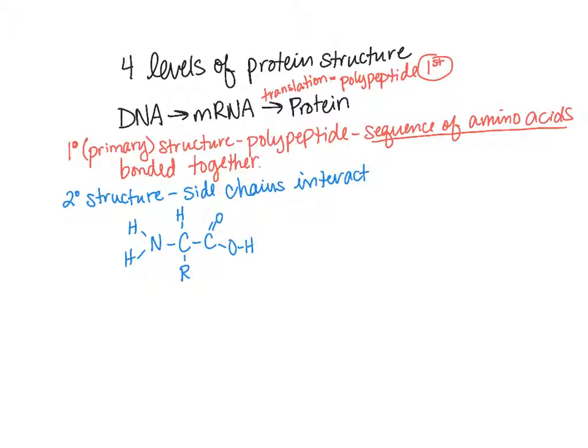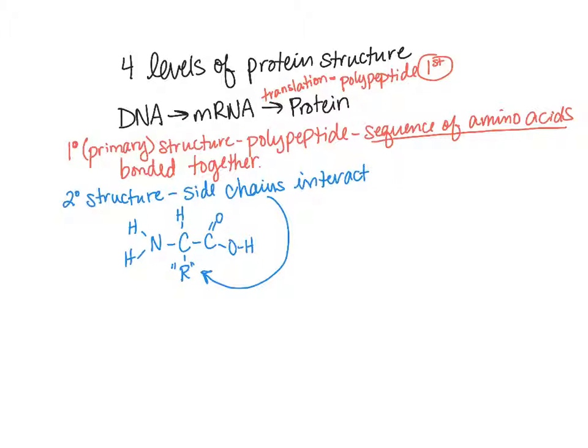And then we have this thing that we call the R group. And this R group are just these side chains that we're talking about here. And so of our 20 amino acids, these side chains can be very different. Some of them are hydrophilic, some are hydrophobic, some are polar, some are nonpolar. It just depends on which amino acid it is.